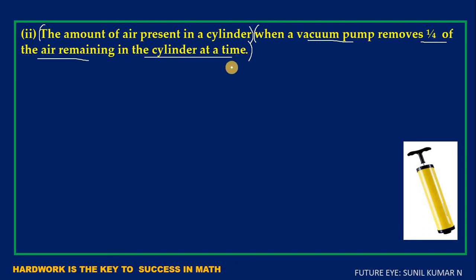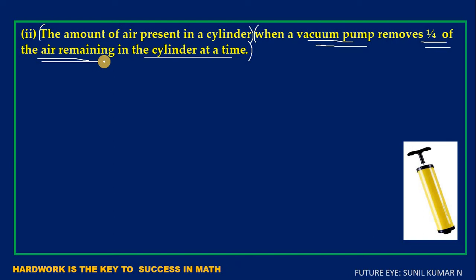It means every time this vacuum pump removes 1/4 of the air remaining in the cylinder. It means how much air is left in the cylinder every time the vacuum pump removes 1/4 of that part. See, for example, in the cylinder there is 1000 liters of air.